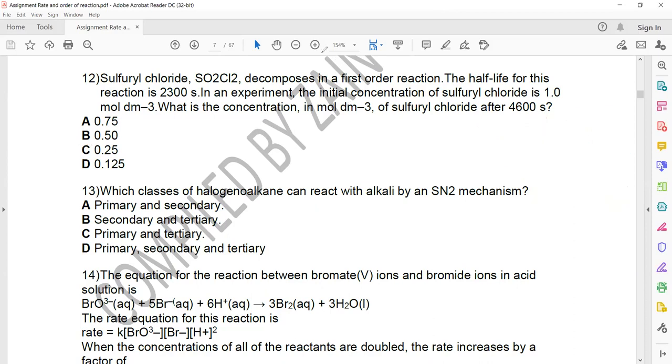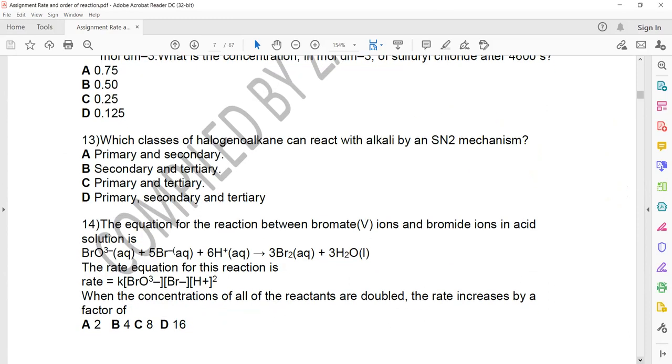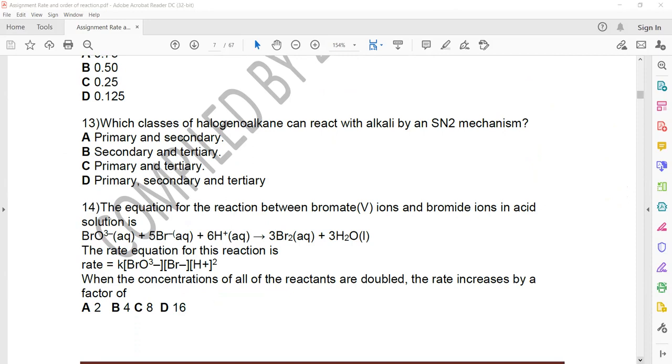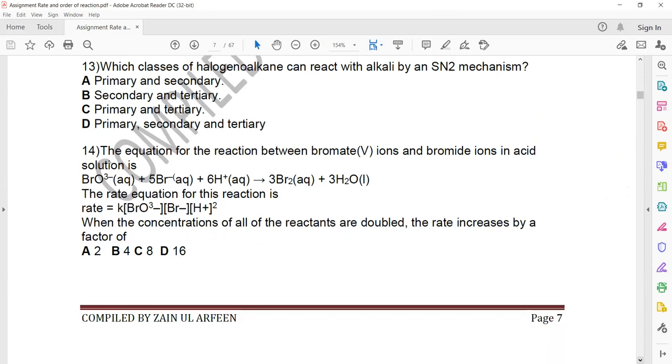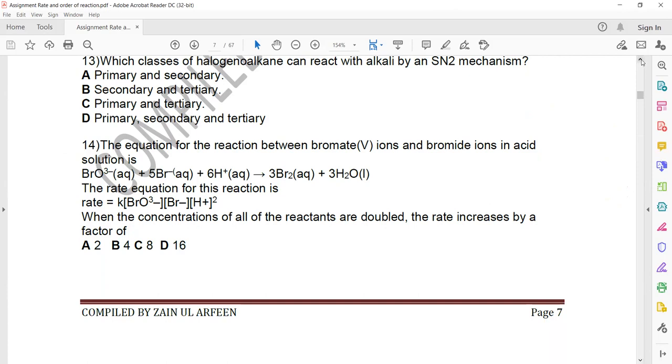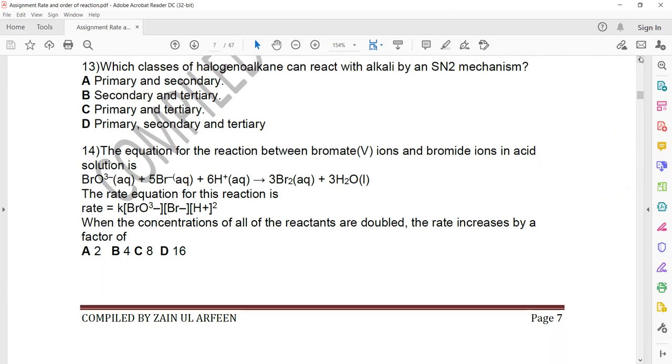Question 13. Which classes of halogenoalkane can react with alkali by the mechanism of SN2?